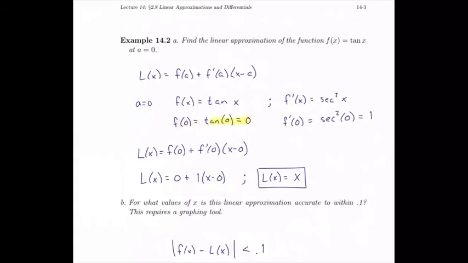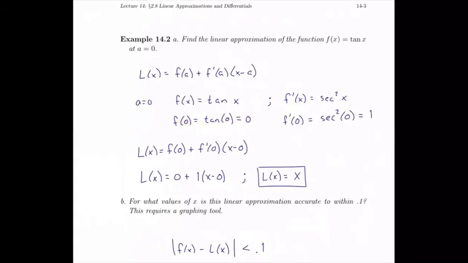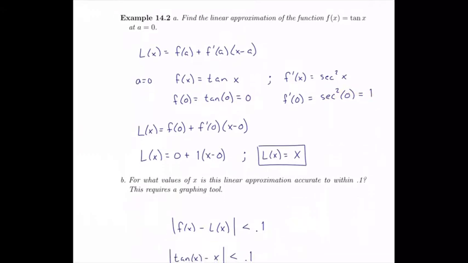Well, tangent of 0 is 0. And then f prime of 0, that's secant squared of 0. Well, secant squared of 0 is 1. Remember, secant squared of x is 1 over cosine squared x. Cosine squared of 0 is 1 squared. 1 over that is 1.